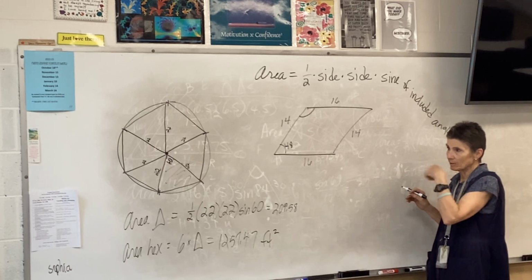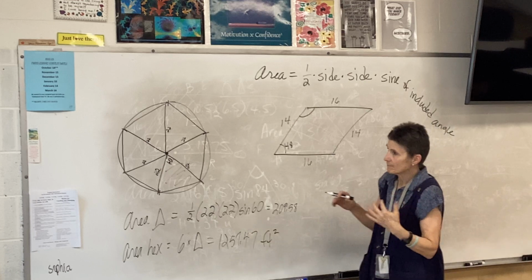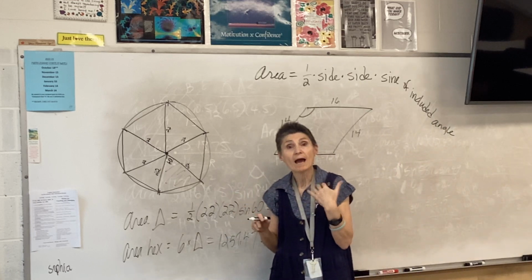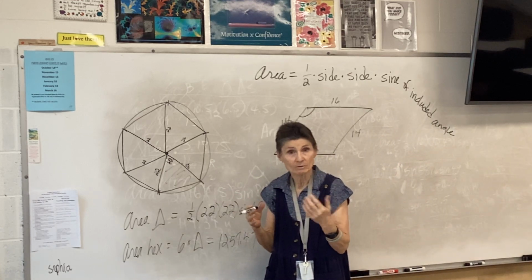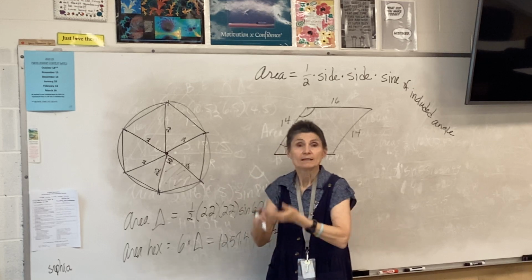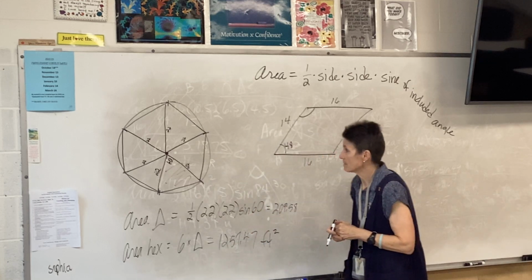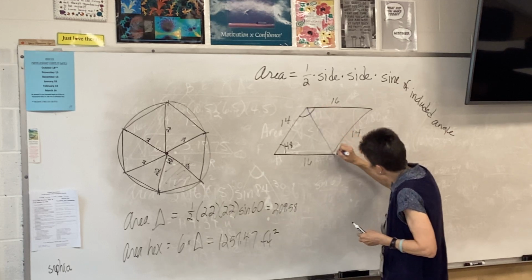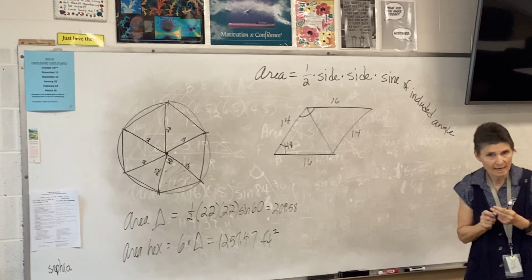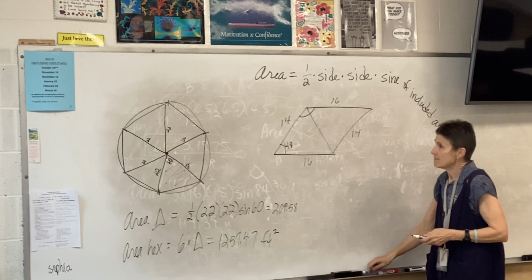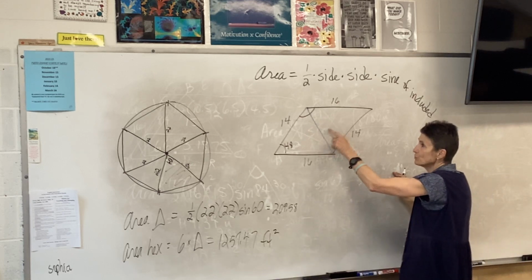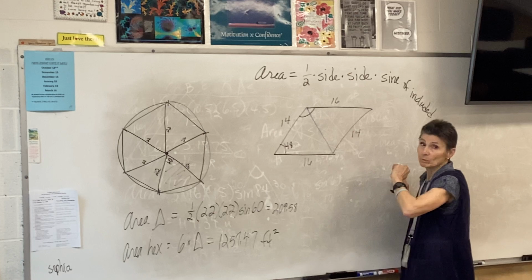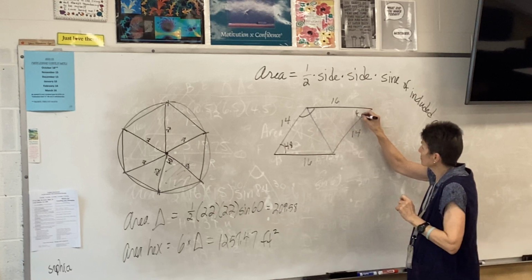Well, think about what we did over there. We didn't really find the area of the hexagon directly; we started out by splitting it up into triangles. We found the area of the triangle and then timesed it by 6. So I'm going to go ahead and draw in that segment, which is called a diagonal. And that's going to create 2 triangles that are equal to each other, because this angle is also 48.